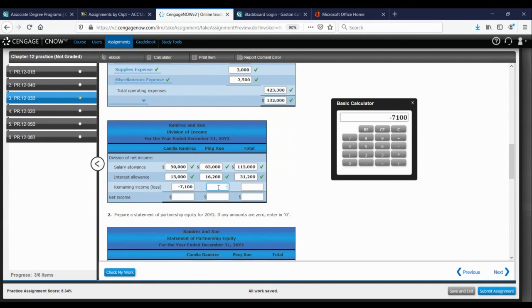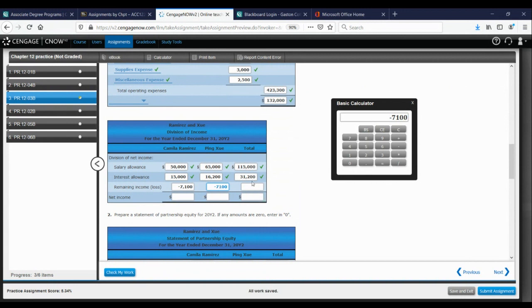Now that does not mean there was a net loss. There wasn't. There was just an allowance. Our total allowances were more than our net income. And because the total allowances were more than the net income, the total difference is negative. And because that difference is negative, when we divided it by 2, we got 2 negative amounts.